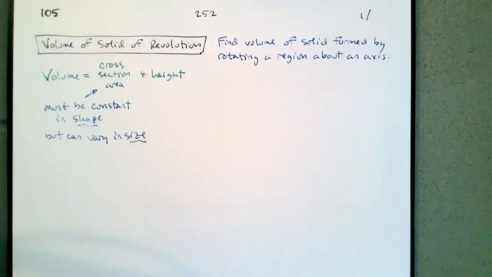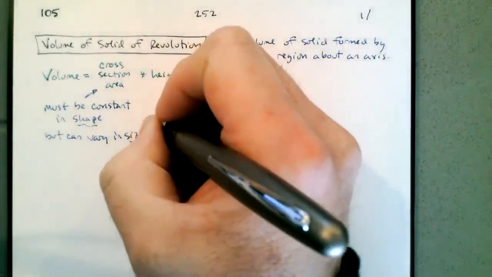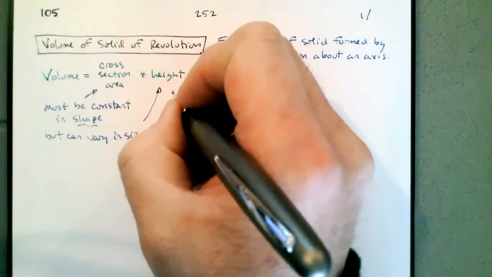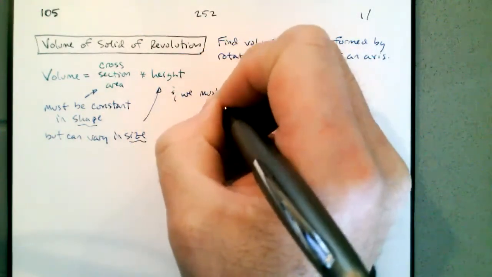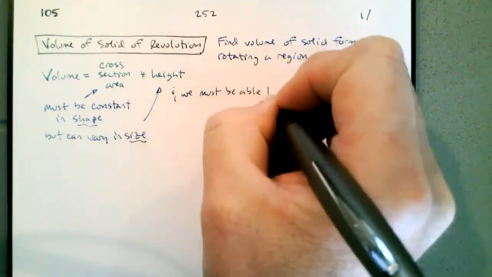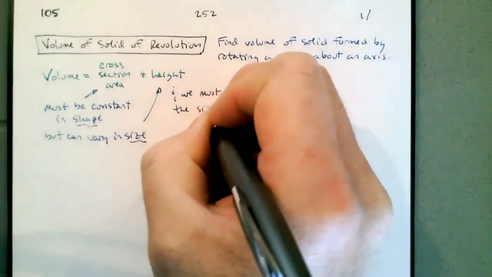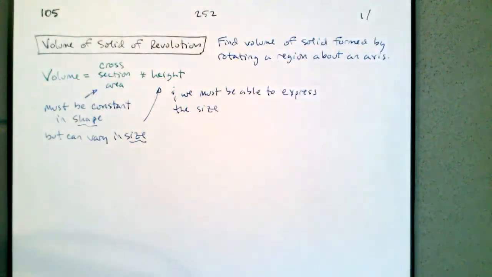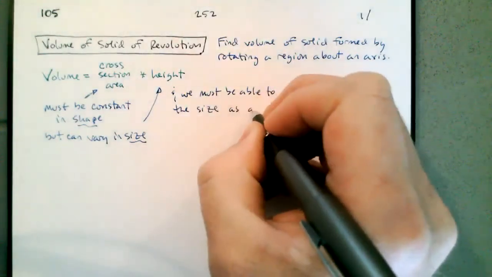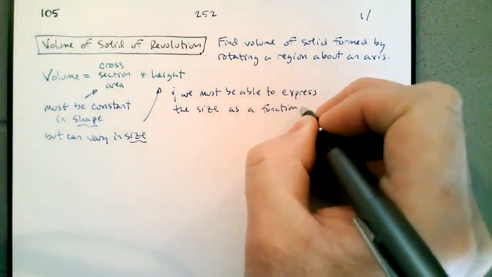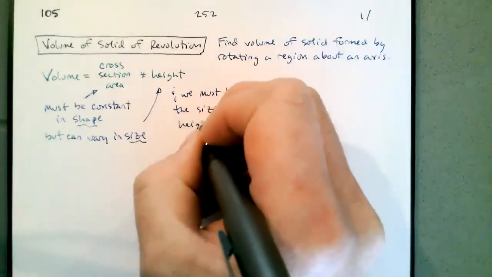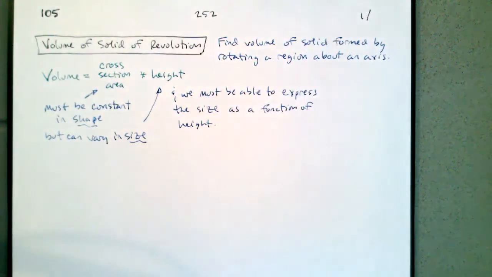Because we're in single variable calculus, we have to be able to express the size as a function of the height, or whatever variable we're using to represent a change in height. These are the restrictions that we put on ourselves because we're using a single variable.